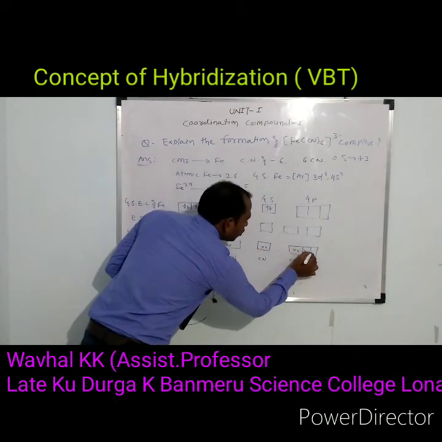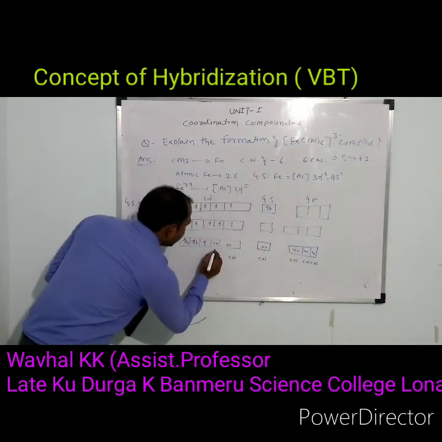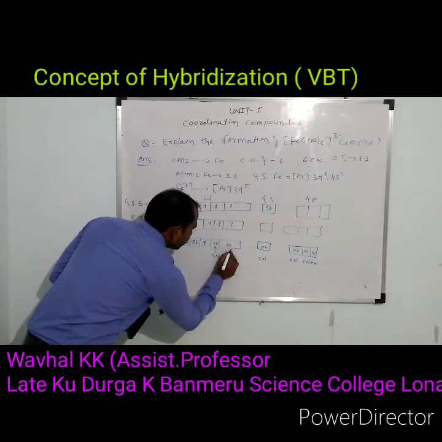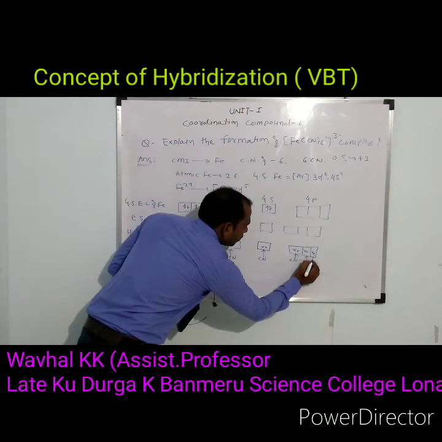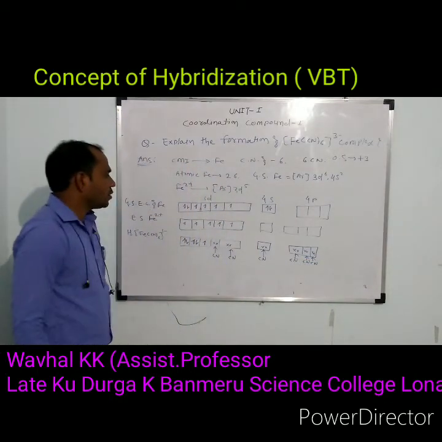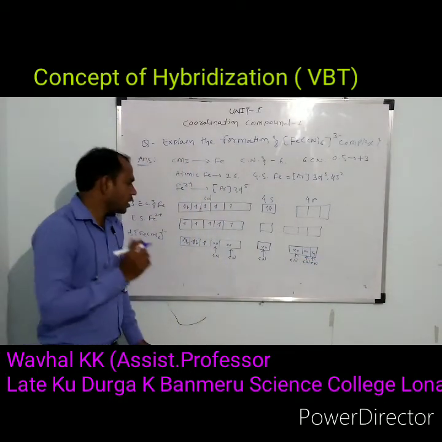One electron pair is donated to the central metal atom in this way, into the vacant orbitals, and then hybridization takes place.